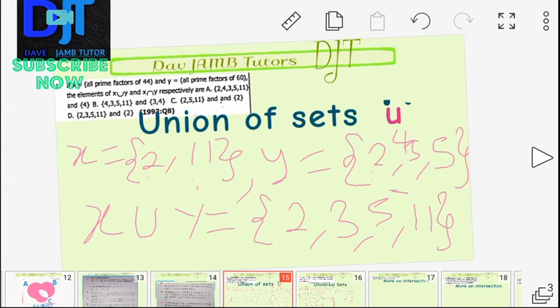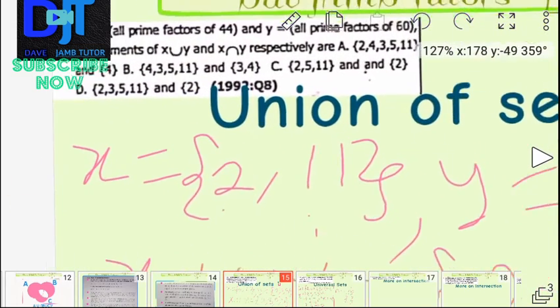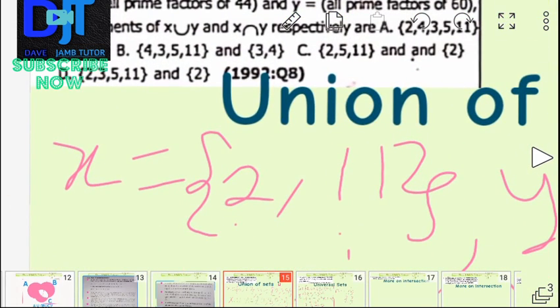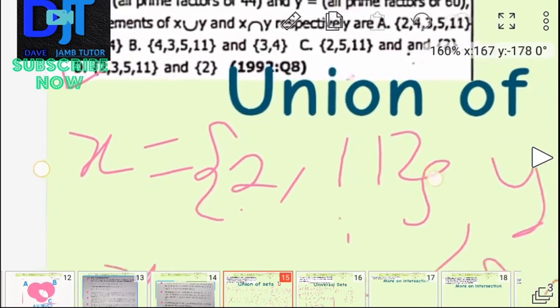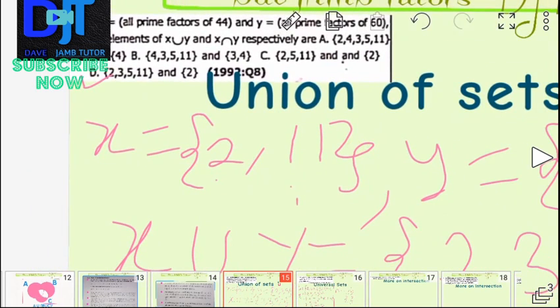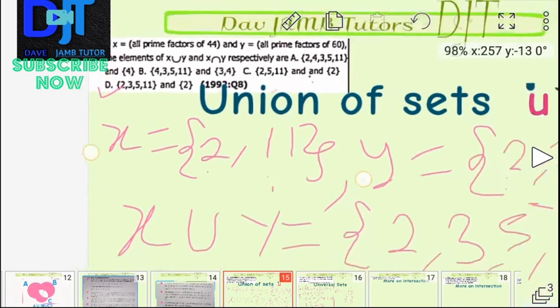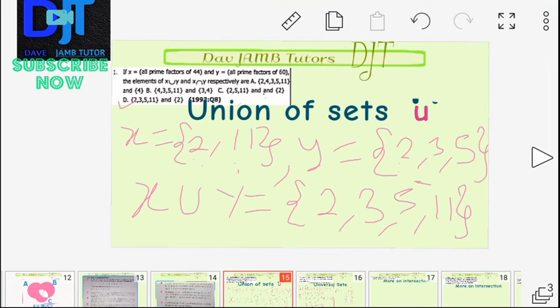All prime factors of 44. 4 is included? Oh, 4 is not included. Sorry. I'm on the right track. Our answer is D. Our answer is this: 2, 3, 5, 11, and 2. It is and 2 because of the extra 2 that is there. Remember I said that 2 exists in both of the sets, so that is why it's there.